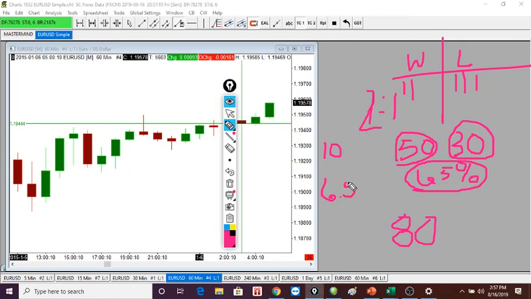6.5. And how many pips was I going for profit? 5. All right. Anybody have a calculator? What's that number? It's like 33, 32 and a half, 33. Okay. So 33. And if you have a calculator on your computer, do it there or whatever. Write it on a piece of paper. It doesn't matter.